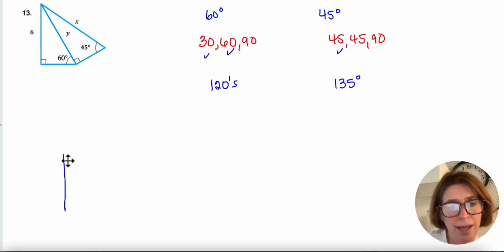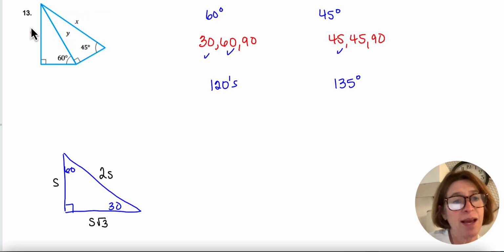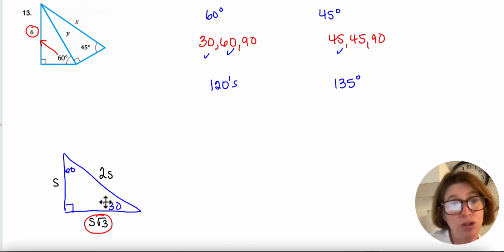Let me remind us that in a 30, 60, 90 right triangle, the side opposite 30 is the short leg. The long leg is across from 60, and that relationship is s root 3, and then the hypotenuse is 2s. So I first very carefully locate the side that I have a value in, and that is the side opposite 60, which corresponds to s root 3. To work my way back to the short leg, I have to divide by root 3.